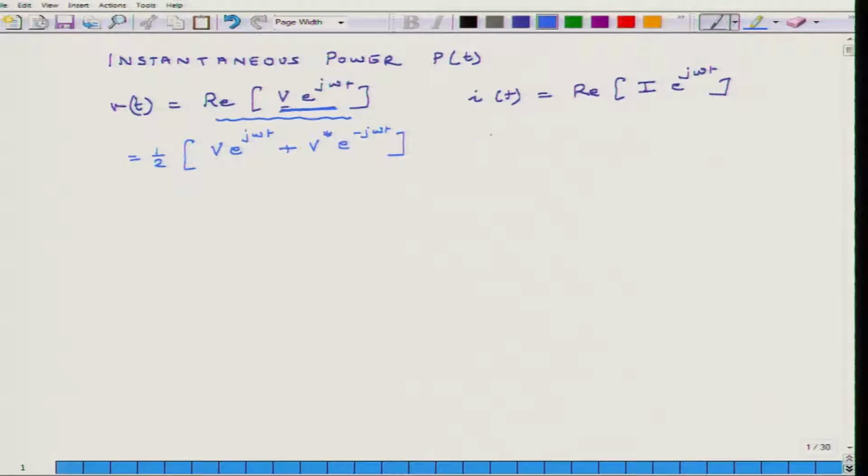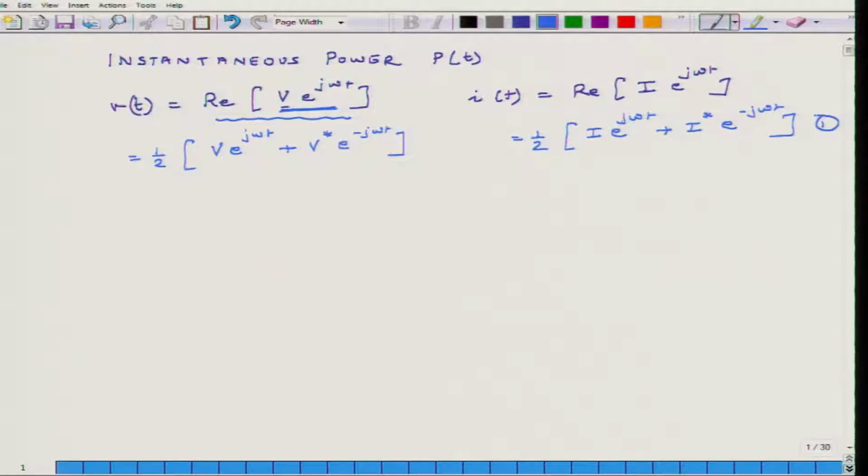And similarly, I of t, which is current, I can also express as half of I e^(j omega t) plus its complex conjugate, so I star e^(minus j omega t). Okay.